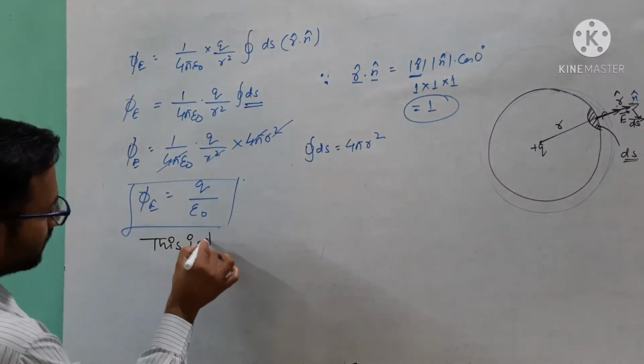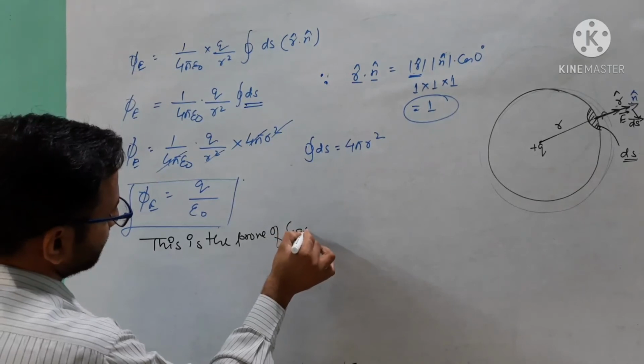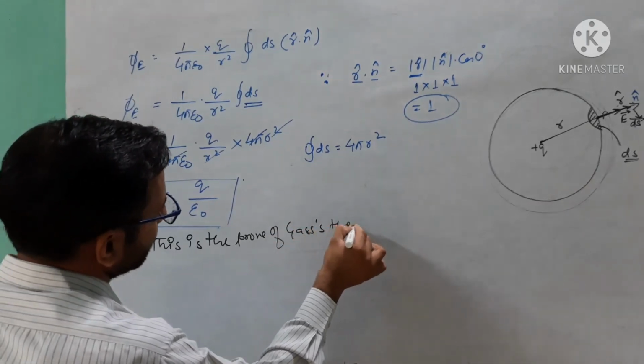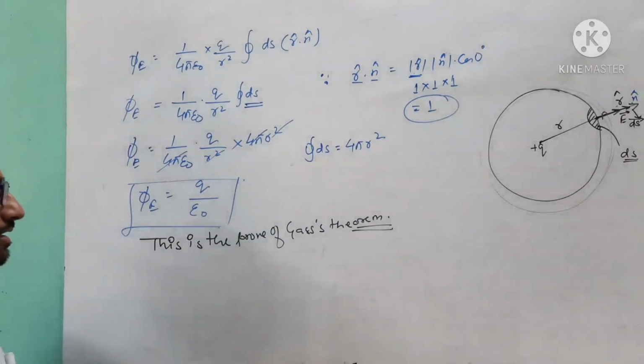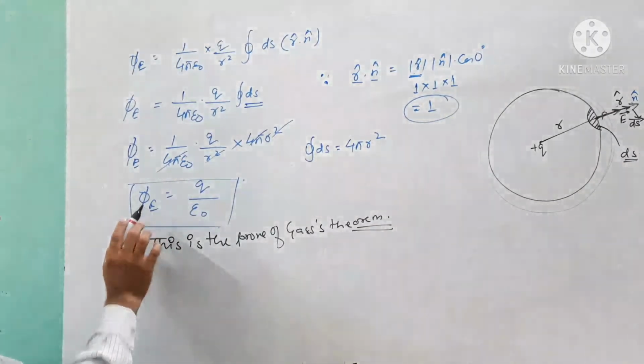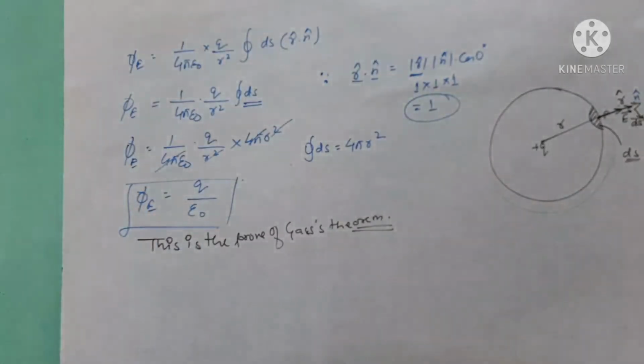This is the proof of Gauss theorem, and some points are here. See, phi e does not depend on the position of the charge inside the sphere.